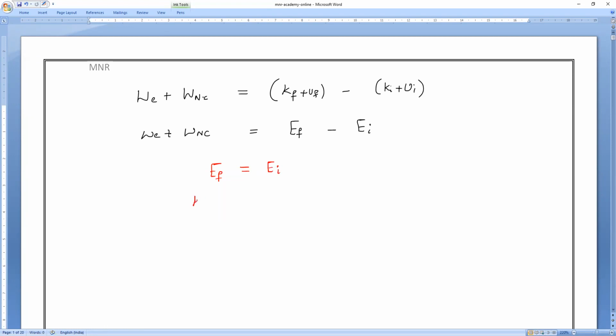That is, final kinetic energy plus final potential energy is equal to initial kinetic energy plus initial potential energy. We use this formula when the surfaces are frictionless or there are no external forces applied on the object.